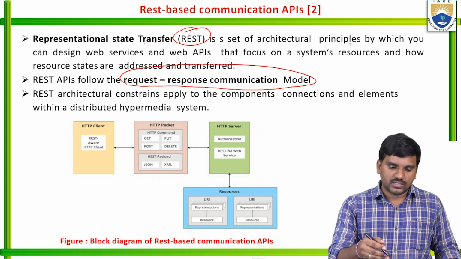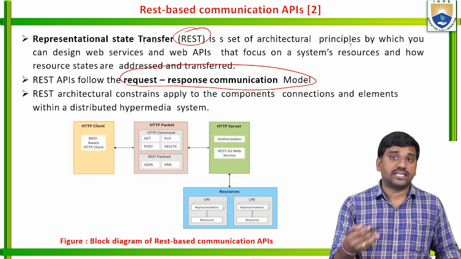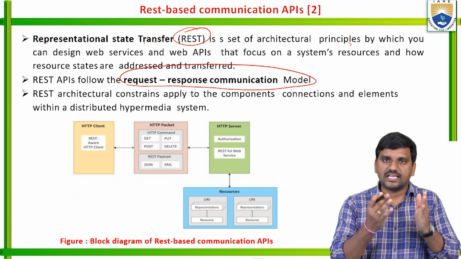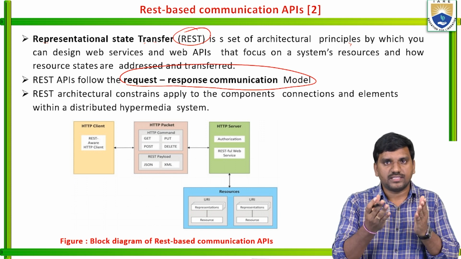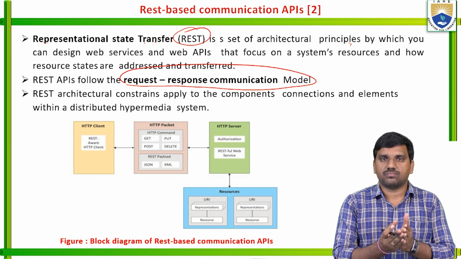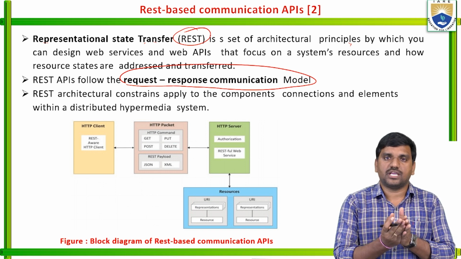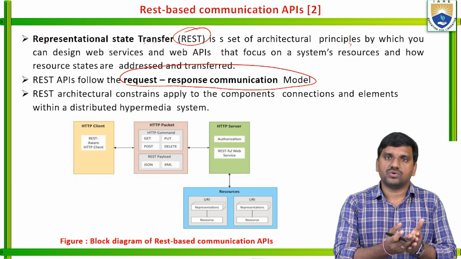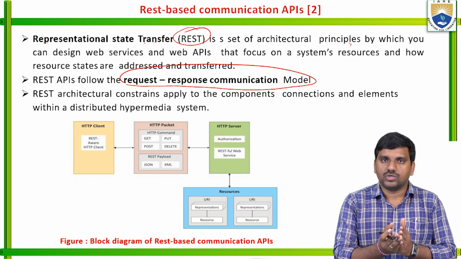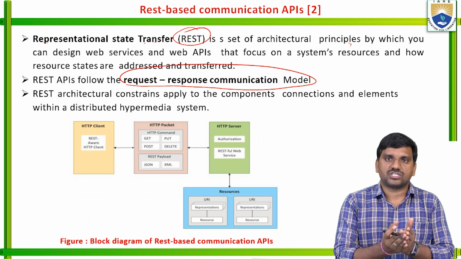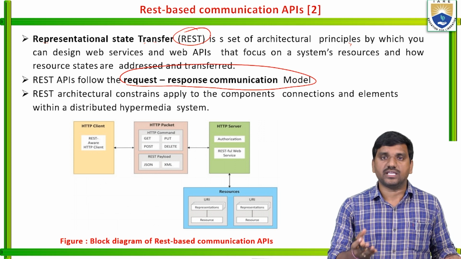So before that, we have discussed communication models. Each and every communication model, either request-response, publish-subscribe, push-pull, or exclusive pair communication model, among the 4 communication models can be used by communication APIs.